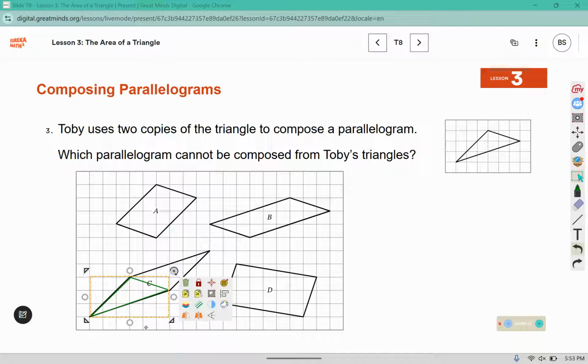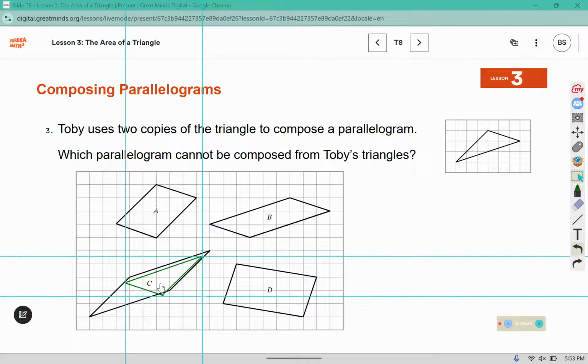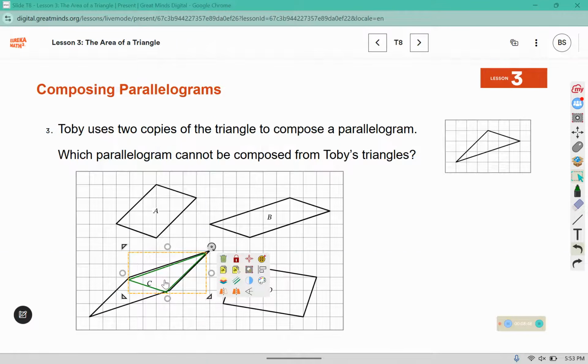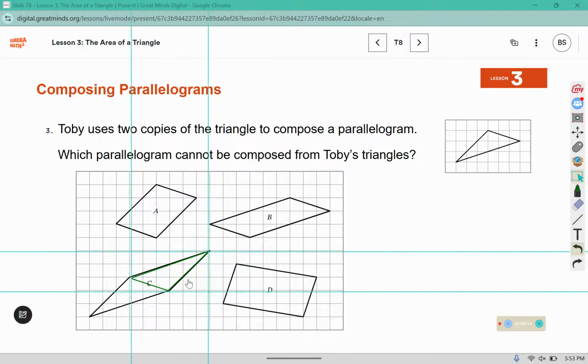Here in C, that appears to fill in half of the parallelogram, so we'll need to rotate it to place the other triangle. And it appears C can also be made up of 2 of Toby's triangles.